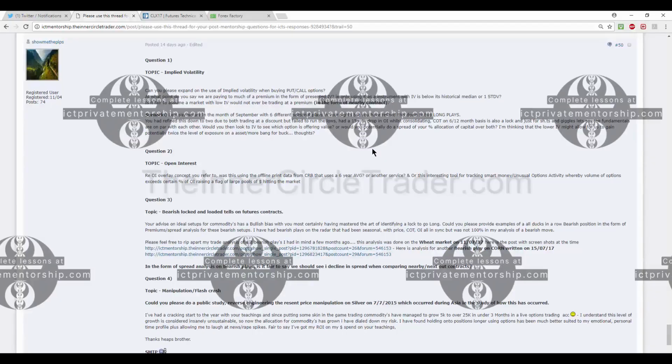Options can be really complicated. I messed around with them early on when I first started, and I wasted a lot of time because a lot of it is highly technical and it overcomplicates the market, in my opinion. It's bad enough you have to know where the market's going to go. Then you have to beat the options pricing model where time decay erases a lot of its value. So that's the reason why it's better to be an option writer, or in other words, sell premium to other traders that want to buy options.